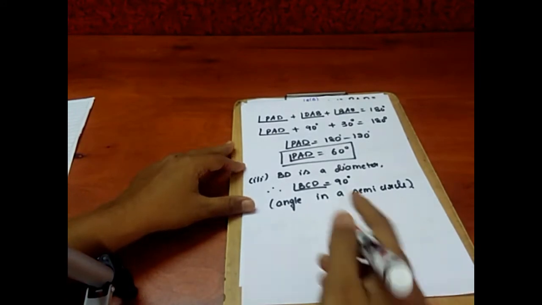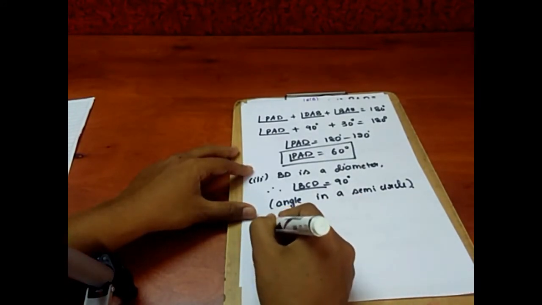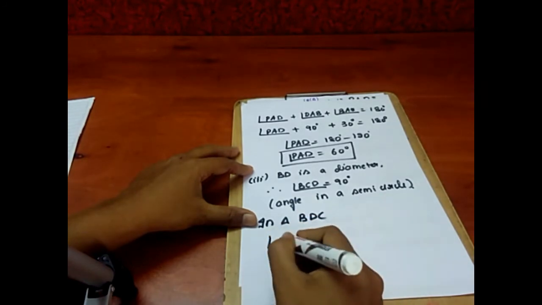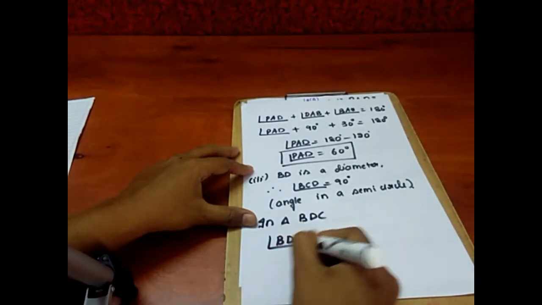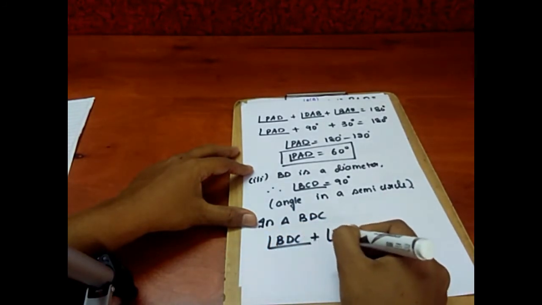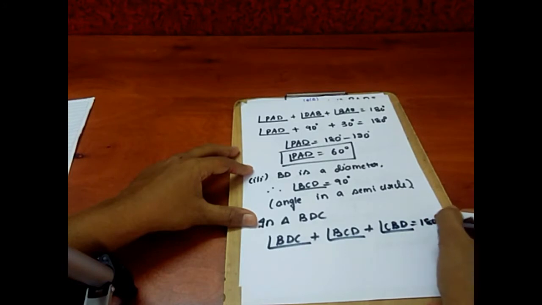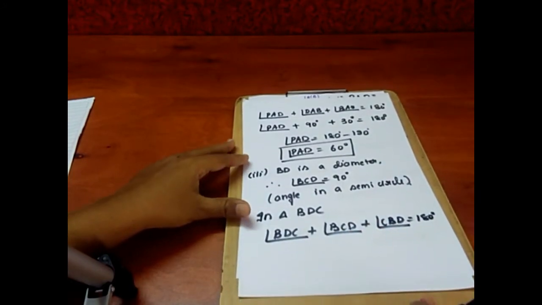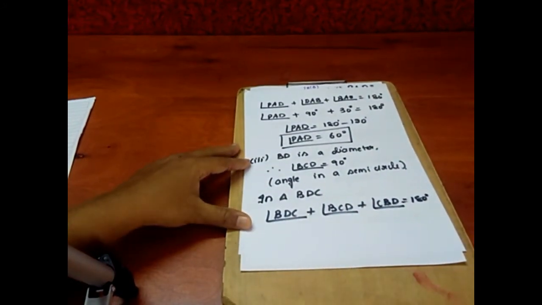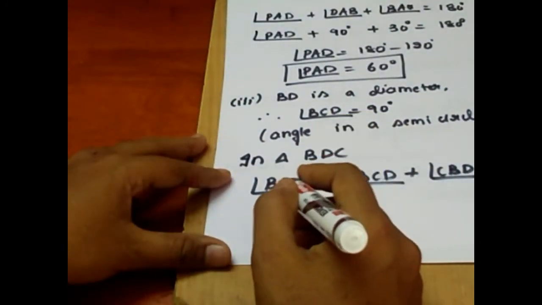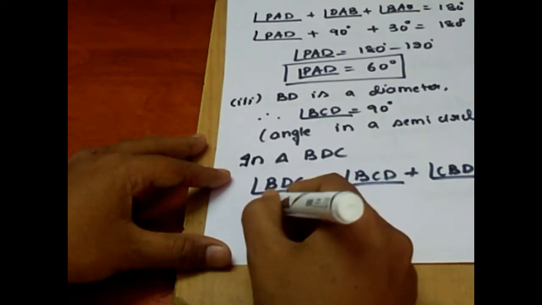Next. In triangle BDC, angle BDC plus angle BCD plus angle CBD is equal to 180 degrees. Write down the reason, angle sum property. Now, angle BDC should be calculated.